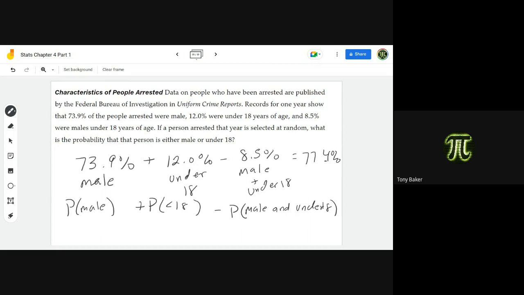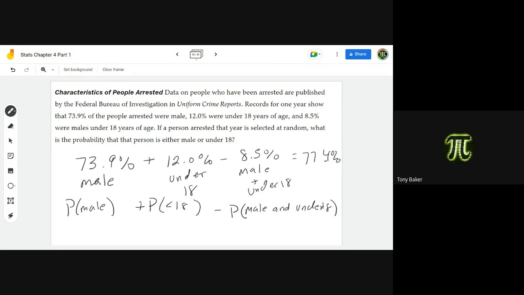Was there any overlap? Yes, that was the 8.5%. That was the overlap, because these are not mutually exclusive. You could be male and under 18, and 8.5% of them were male and under 18. So you want to subtract that off because they've been counted in the males and in the under 18.